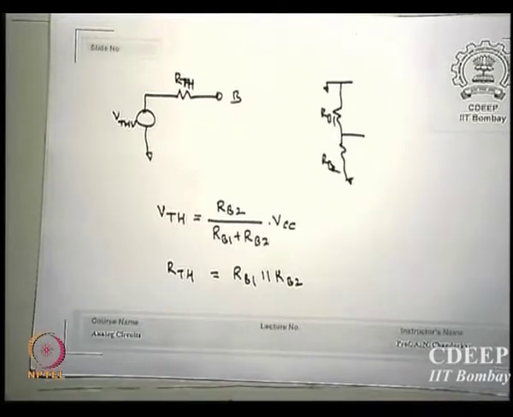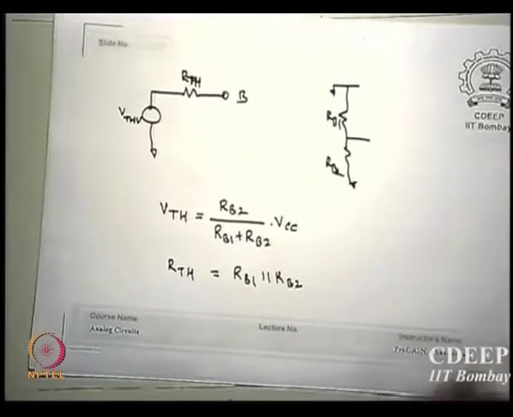What did I apply only to the biasing network? A Thevenin source and Thevenin's equivalent resistance of a circuit, is that clear? This is only the representation of the bias network as a Thevenin source plus Thevenin's resistance.